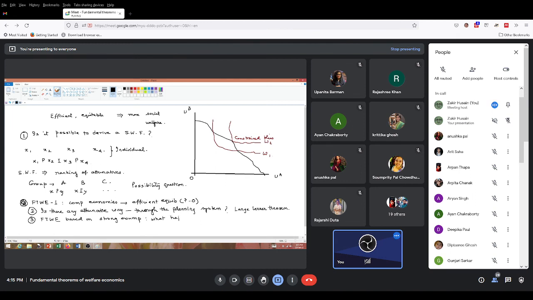What happens if these assumptions are not satisfied? In that case, we have the case of market failures. Traditional market failures like externalities, public goods, or information related market failures, moral hazard, adverse selection, and the principal agent problem. And it leads to the second best theorem. What happens in that case? What should we do?